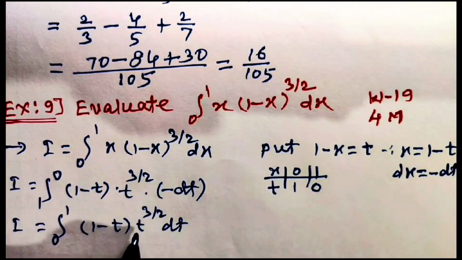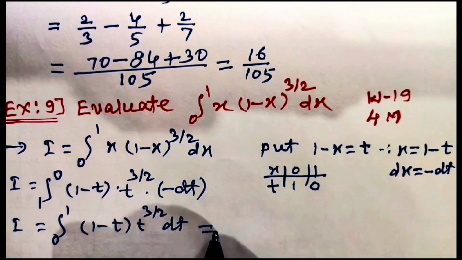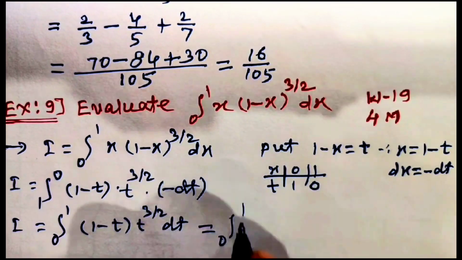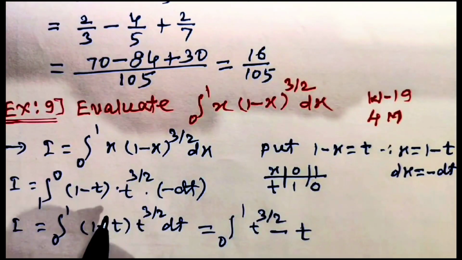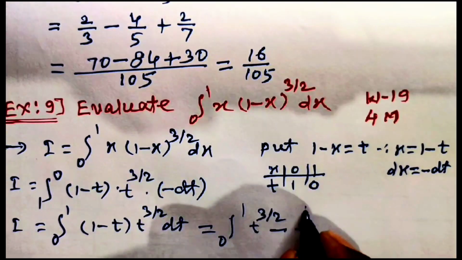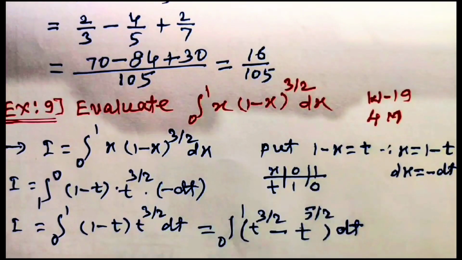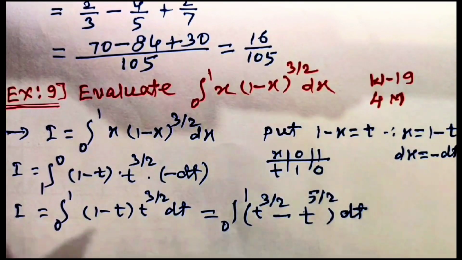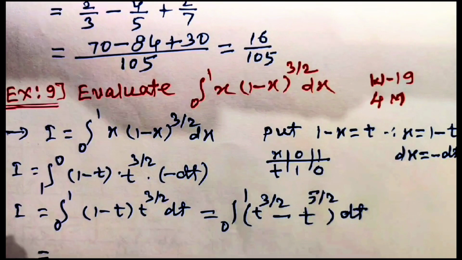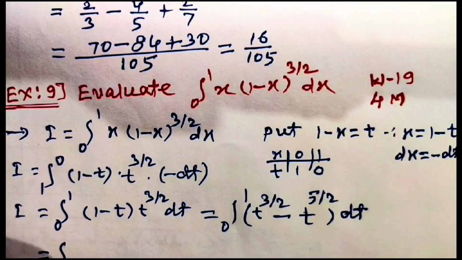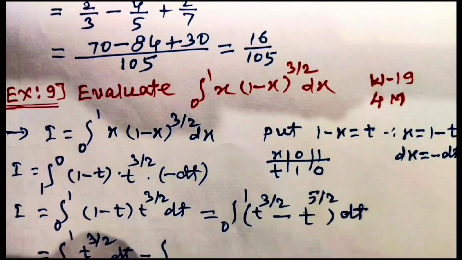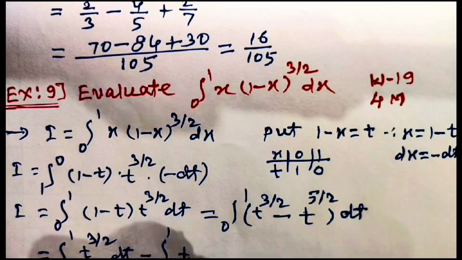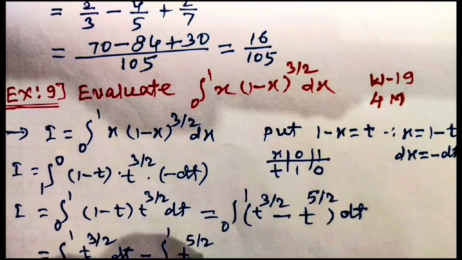Multiply this bracket by t to the power 3 upon 2. This is equal to the integral from 0 to 1 of t to the power 3 upon 2 minus t to the power 1 plus 3 upon 2, that is 5 upon 2, with respect to t. And then applying the integral formula, this is equal to the integral from 0 to 1 of t to the power 3 upon 2 dt minus the integral from 0 to 1 of t to the power 5 upon 2 with respect to t.